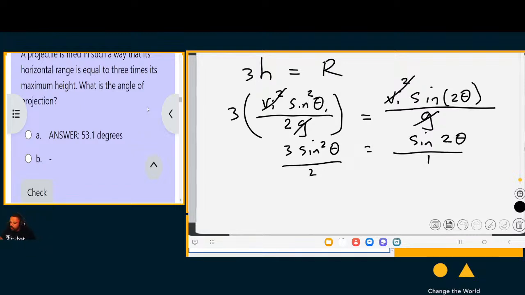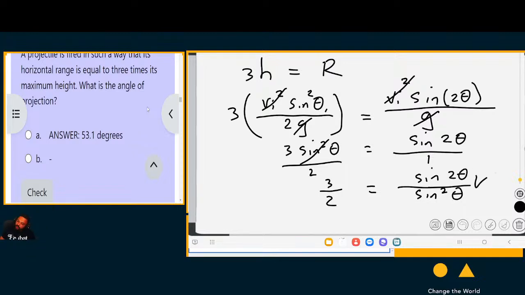We can just write it over 1, no problem. Now we can rewrite this, okay, with all the signs on one side and all the numbers on the other. So this will be 3 over 2 left here. If we cross multiply, we'll have sine squared theta as the denominator, and in this case sine 2 theta on top.